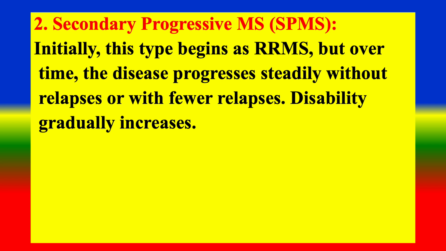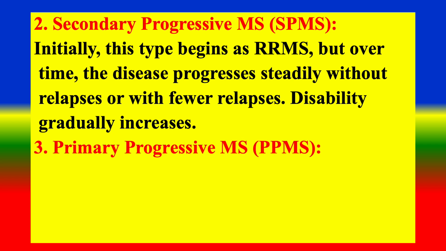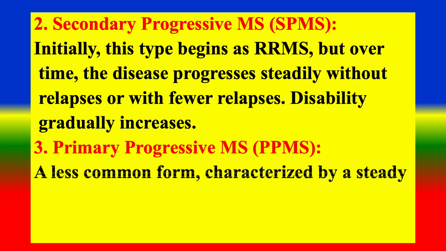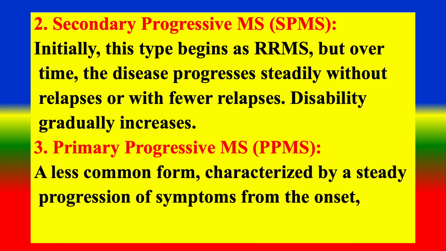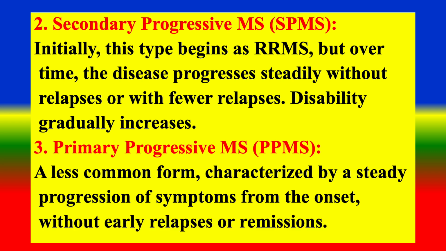Disability gradually increases. 3. Primary progressive MS. A less common form characterized by a steady progression of symptoms from the onset, without early relapses or remission.